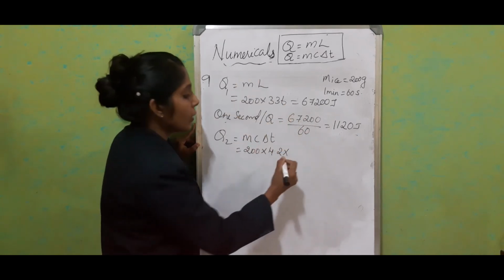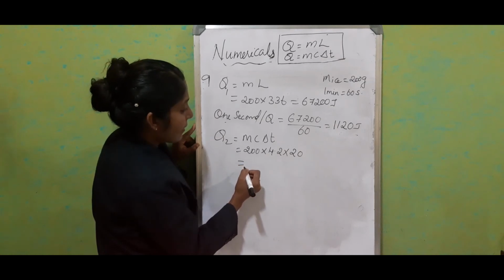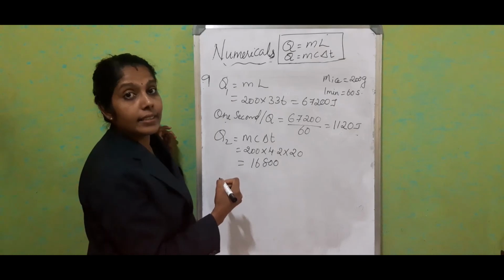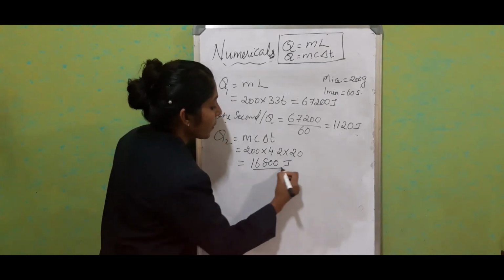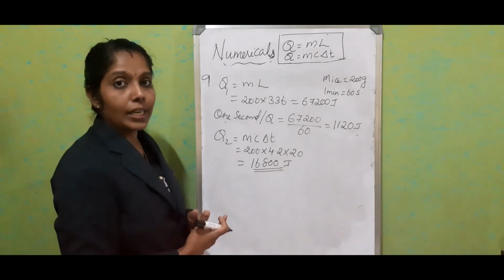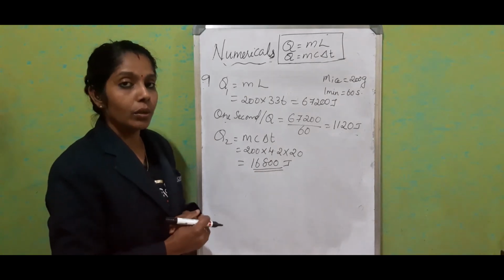So the difference is 20. When we solve it, we will get 16,800 joule. So reaching from 0 to 20 degrees Celsius, it required 16,800 joule.